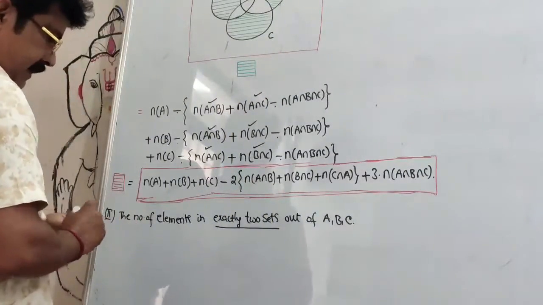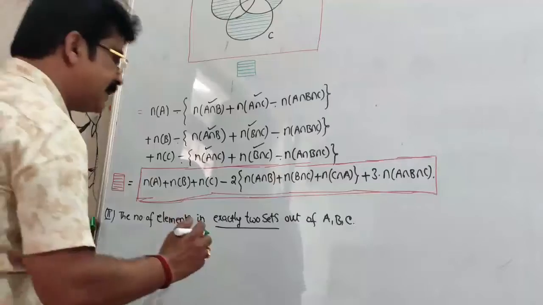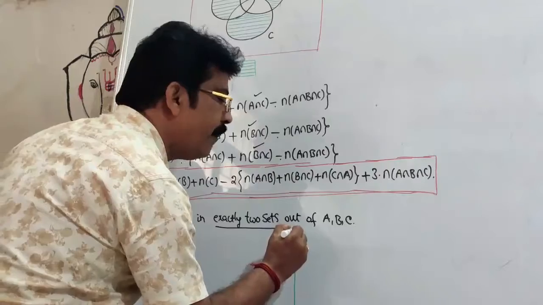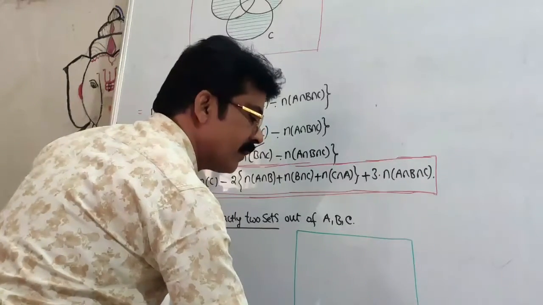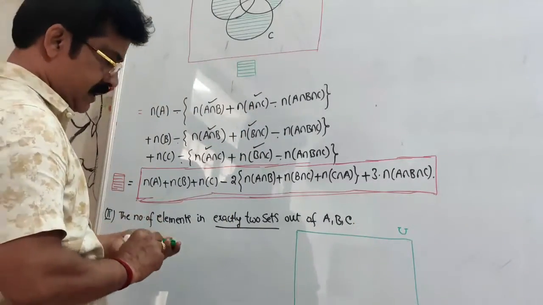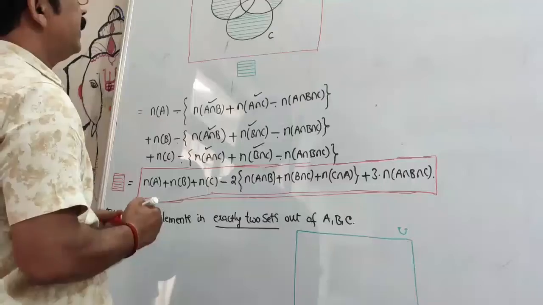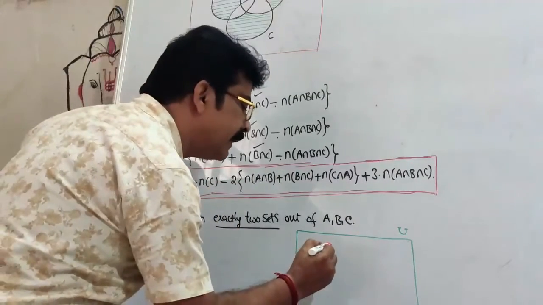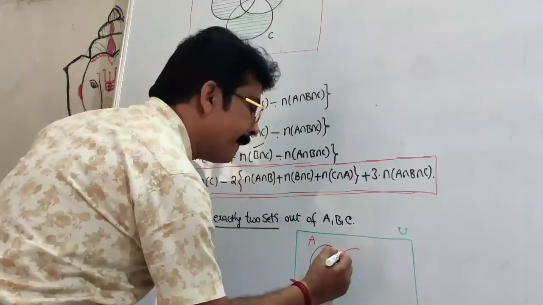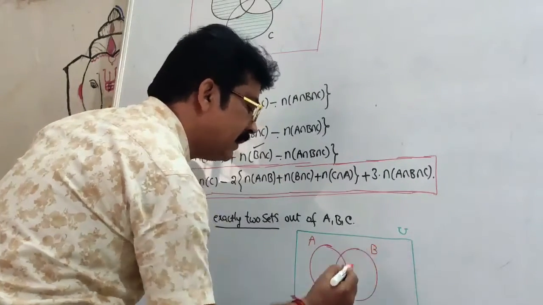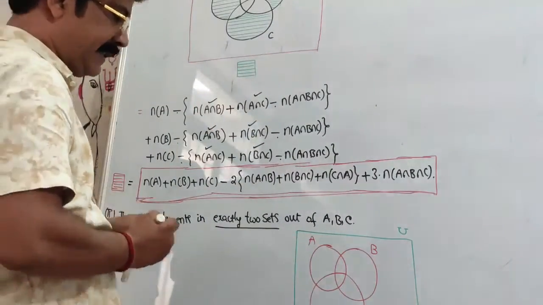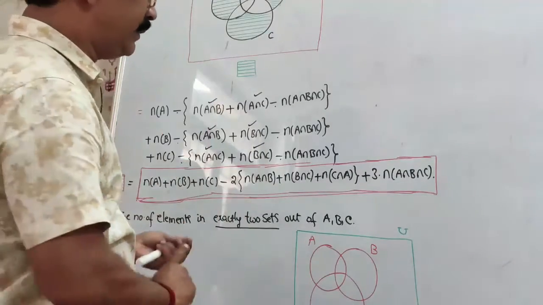Let us take the Venn diagram. This is the Venn diagram. Universal set, this is mu. Next, A, capital A, B, this is capital B, and this one is capital C. Three sets are there. Now we want exactly 2.